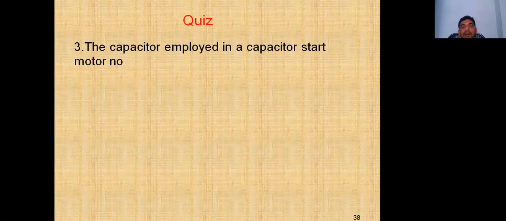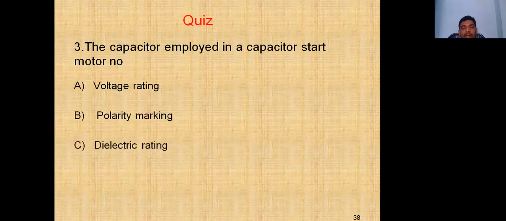The capacitor employed in a capacitor start motor.